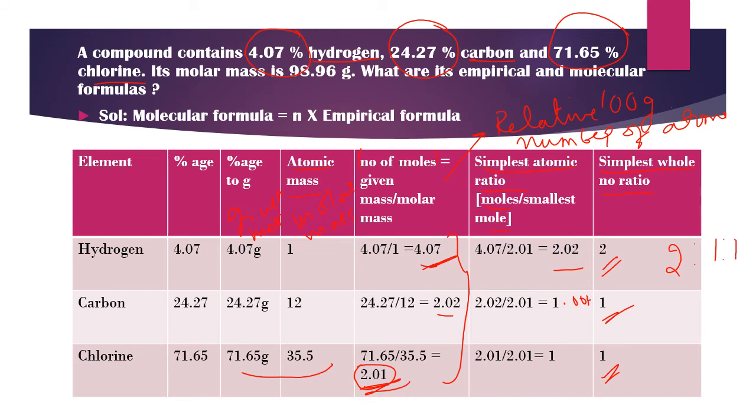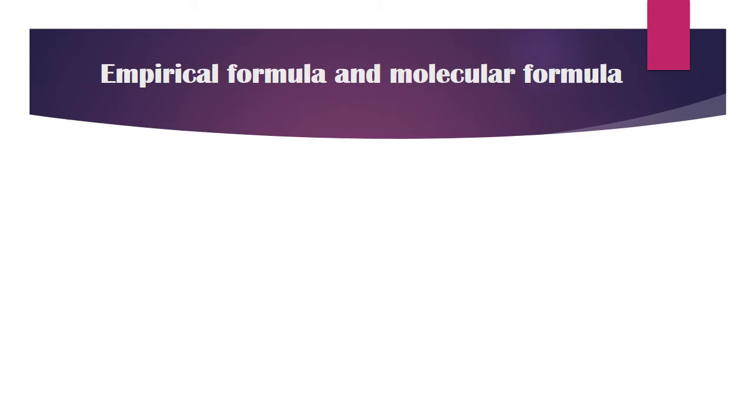And we need to be very careful about the elements. We should not mix up the elements and the ratio that we have got. So this 2 is to 1 is to 1 is for hydrogen, is to carbon, is to chlorine.